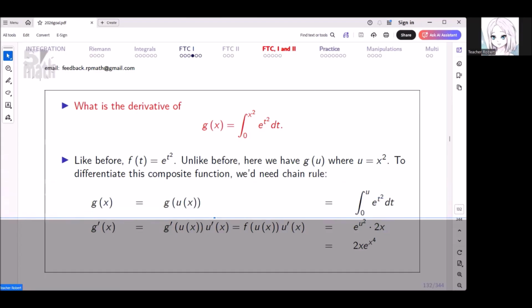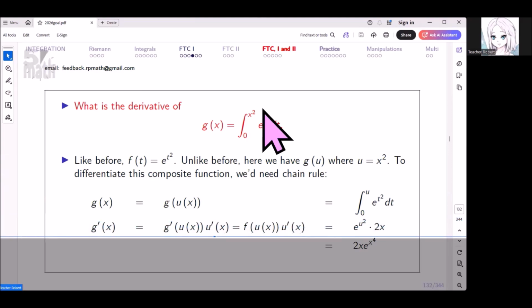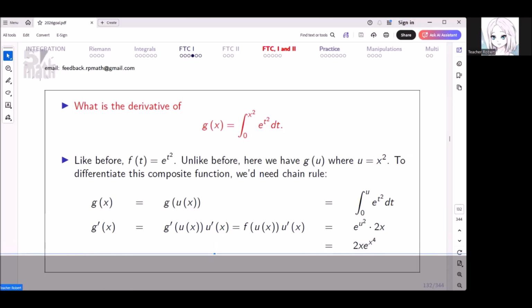G of x equals g of u of x equals integral from 0 to u of e to the t squared dt. G prime of x equals g prime of u of x times u prime of x, equals f of u of x times u prime of x, equals e to the u squared times 2x, equals 2x e to the x to the 4.